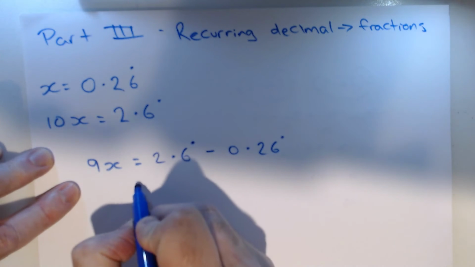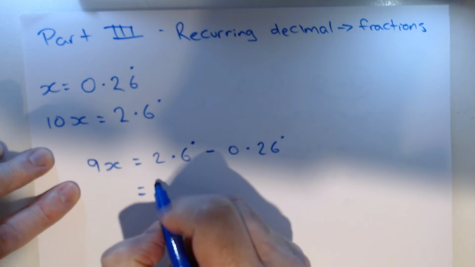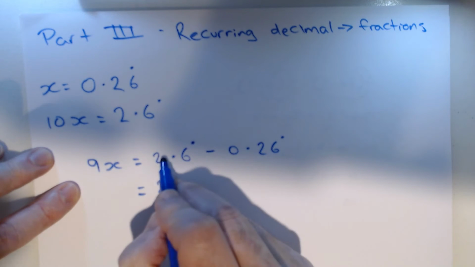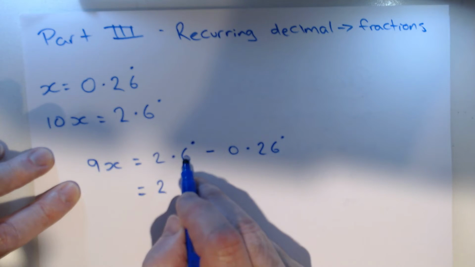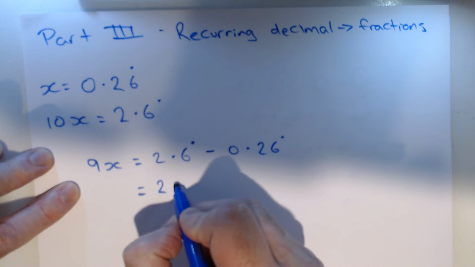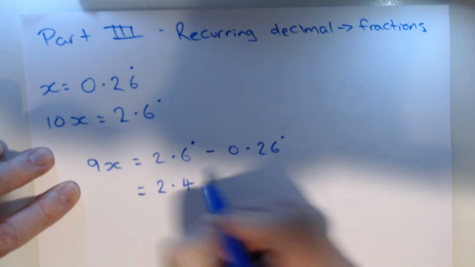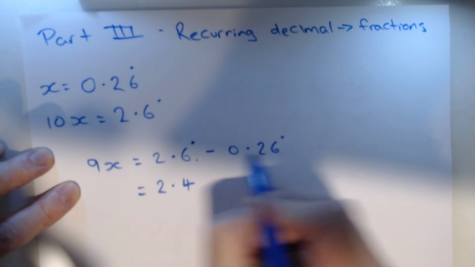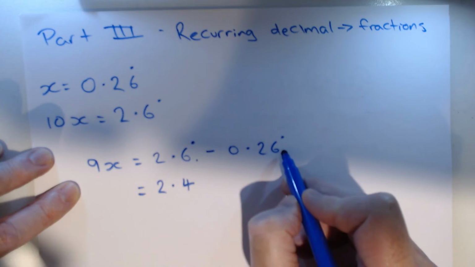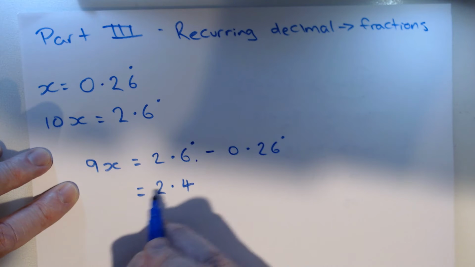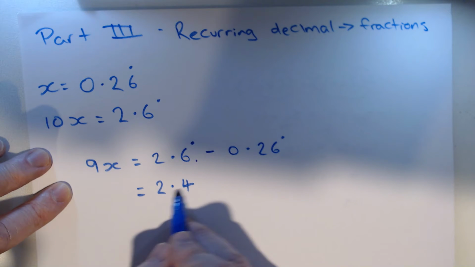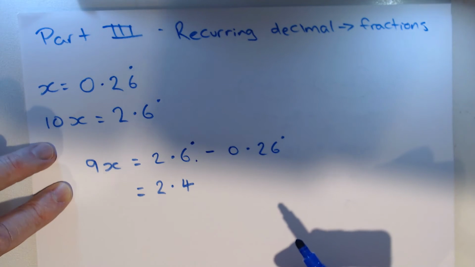However, we're going to have an extra bit of digit here. So 2 minus 0 is going to leave us with 2. However, the 0.6 minus 0.2 is going to leave us with 0.4. Our 6's from that point on are all going to disappear. And so that means we now have 9x being equal to 2.4.